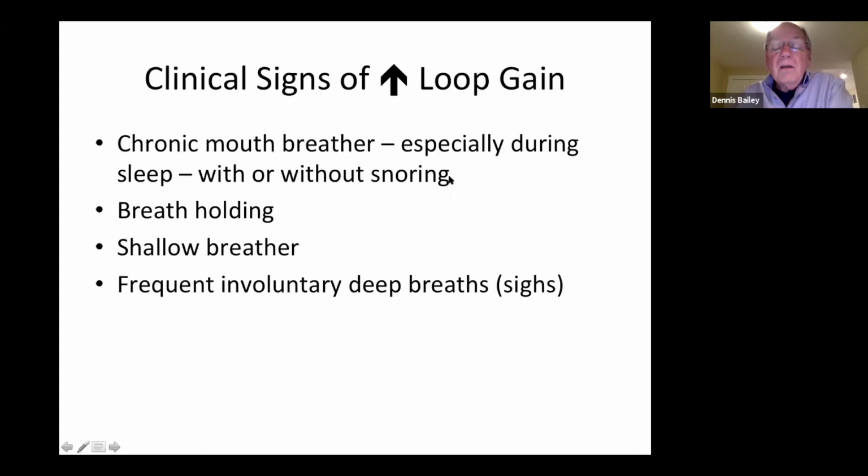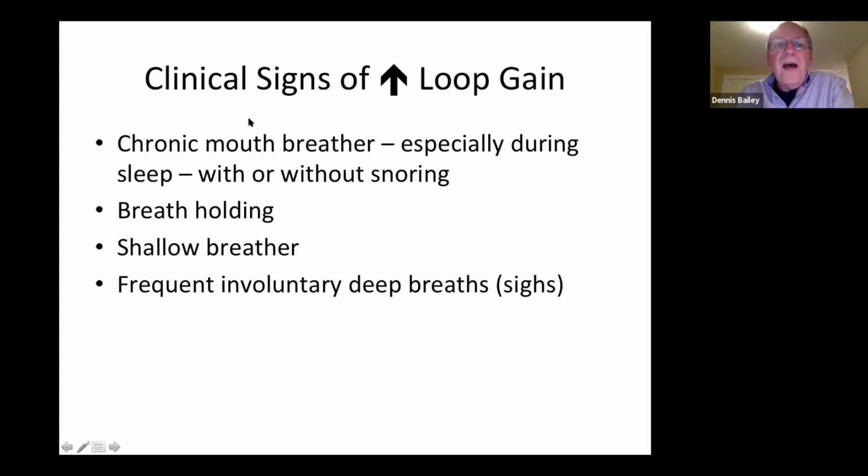Now, this is what I really want to focus on. How do we as dentists try to determine whether somebody has a high loop gain? Not easy to do. Well, in my years of studying this and talking with these patients and trying to bring things together, this is some of what I've come up with.